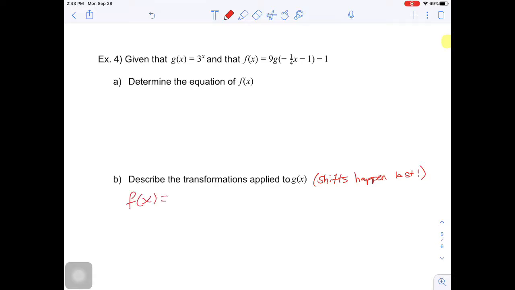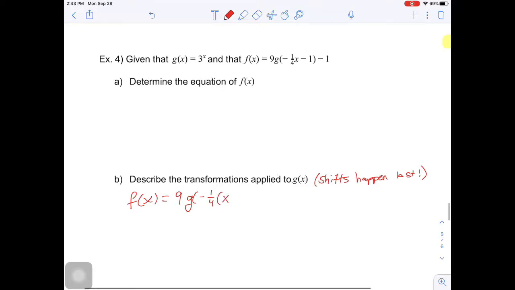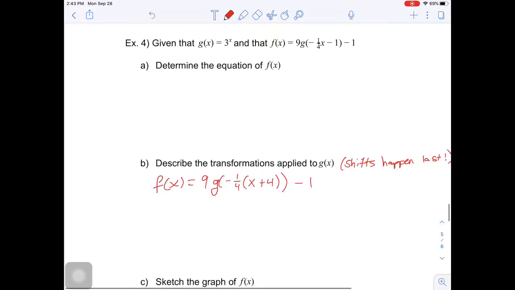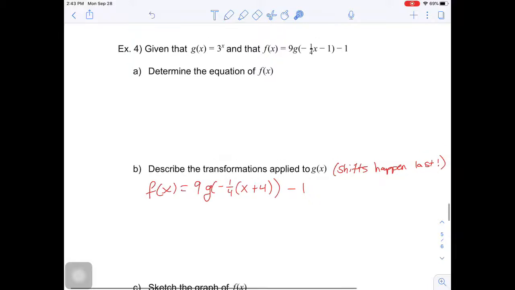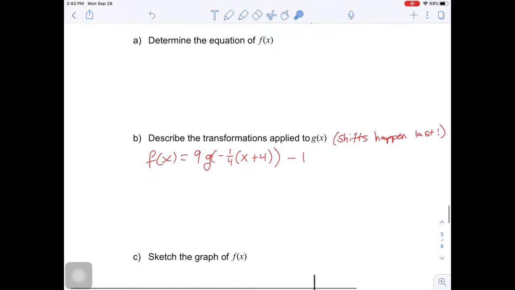I will leave the 9 and the g, and I'm going to factor out that -1/4. So x will have a +1 in front of it, and then you do -1 divided by -1/4, and that's going to leave you with +4. Subtract 1.